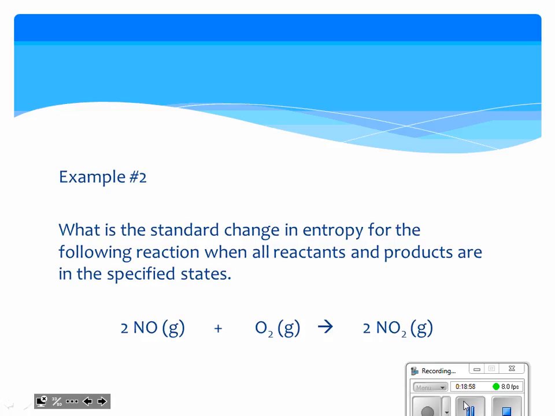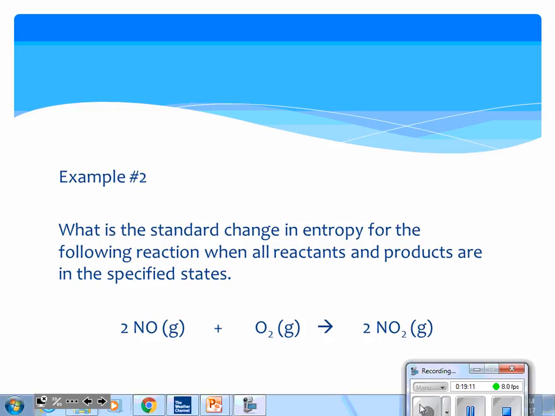I have nitrogen monoxide with oxygen to yield 2 molecules of nitrogen dioxide. So what we have here, make sure you write down this equation, okay? Make sure you write down this equation, because I don't have the equation on my next slide. Now the thing about this, folks, is the coefficients out front. Notice that we have them. Did we have them on the last problem? No, we did not.